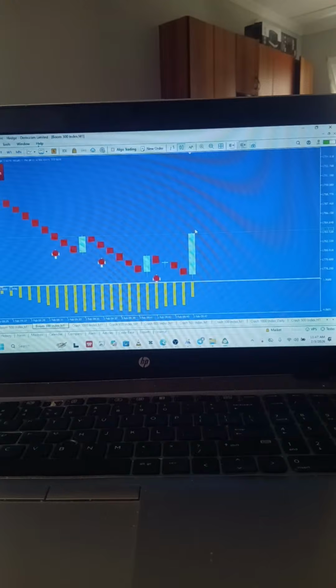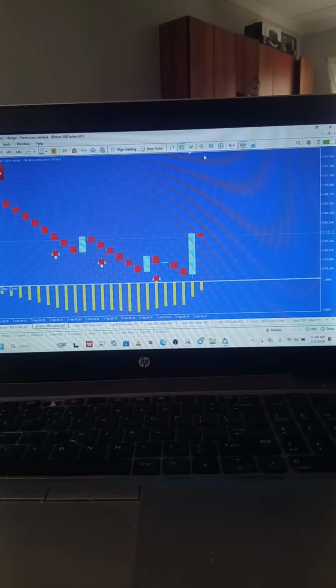Let's just hold for 2 candles, maybe to give us a double spike here. Maybe it'll spike now. You know, small, then big one.